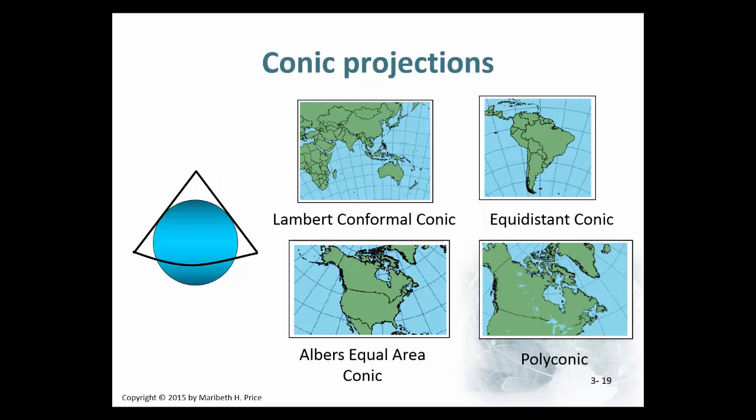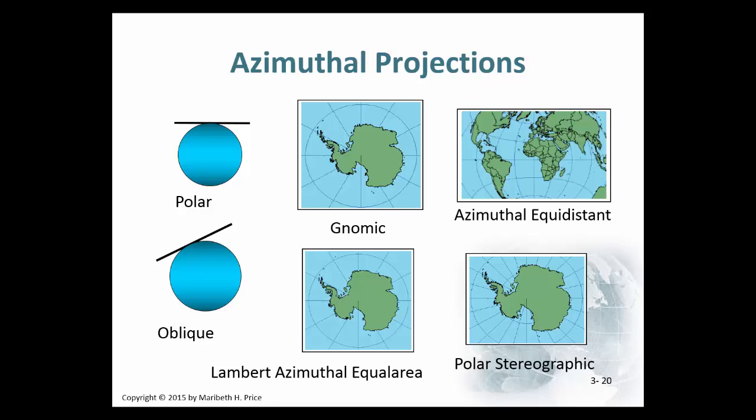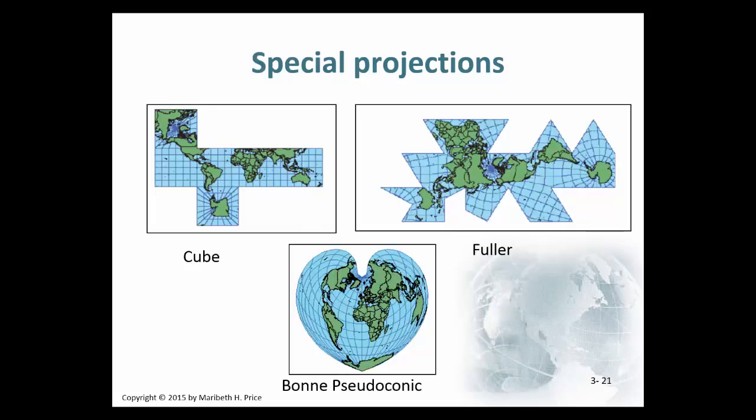Conic projections are created by making a cone shape with the paper and setting it on the globe. Azimuthal projections are similar to orthographic projections used in drafting. The shadows are projected in the direction toward the viewer in the polar and at a set angle for the oblique projections. We've all seen some special types of projections like these.